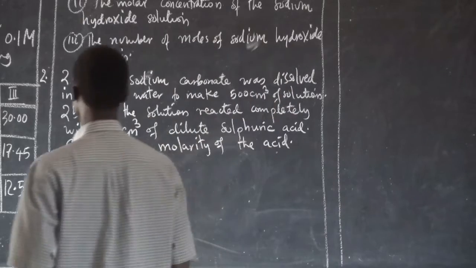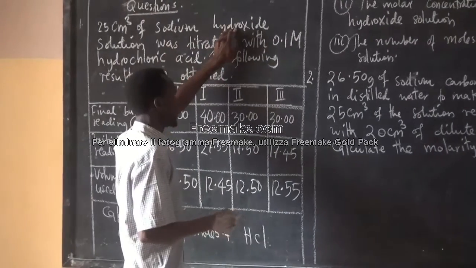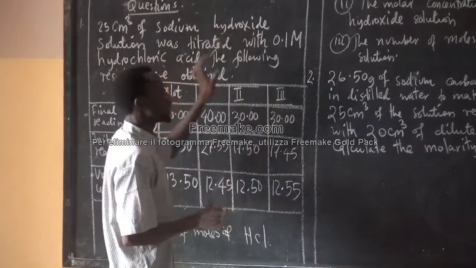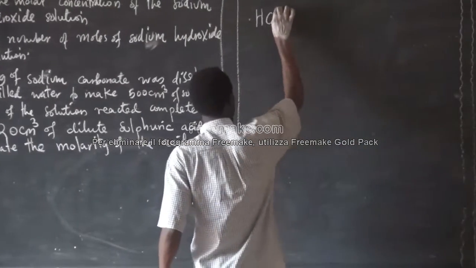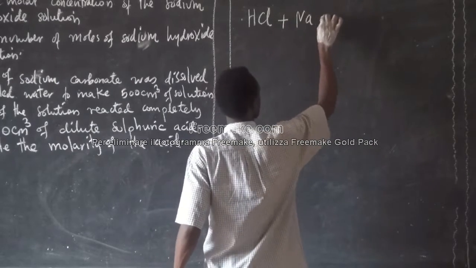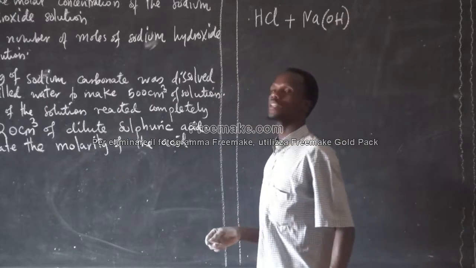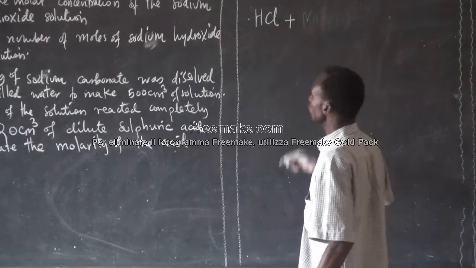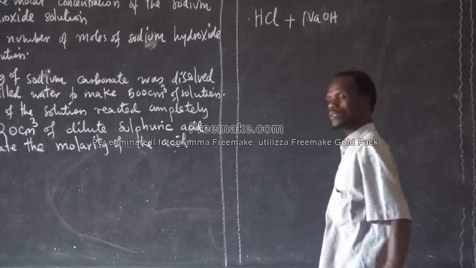Now from here, the reaction is between sodium hydroxide plus hydrochloric acid. The reaction is between hydrochloric acid plus sodium hydroxide. Remember something very important in your life: remember to write the chemical formula for every compound.